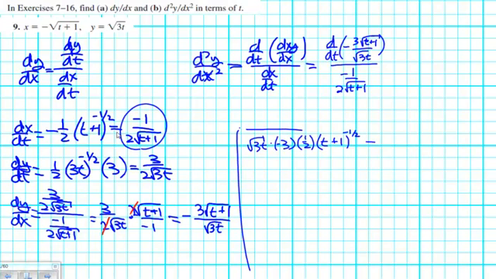So there's bottom times the derivative of the top minus the top times the derivative of the bottom, which is 1/2 3t to the negative 1/2 times 3.